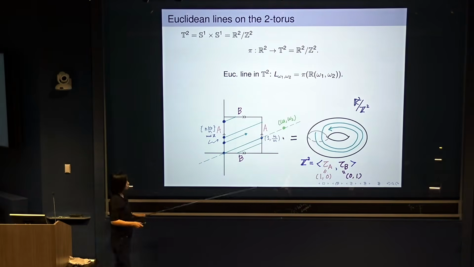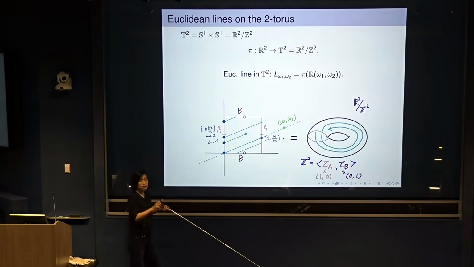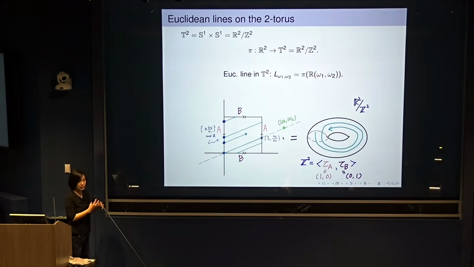I denote by tau sub A the translation by (1, 0), and tau sub B the translation by (0, 1). These are called side pairing transformations. When you identify the pairs of sides according to the labels, we get this torus.